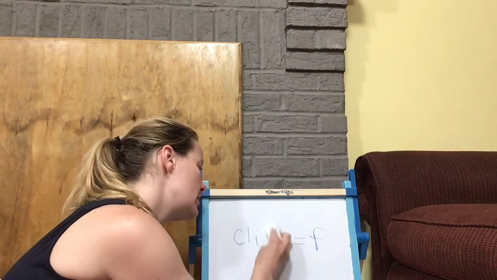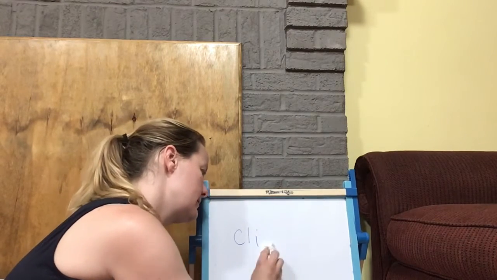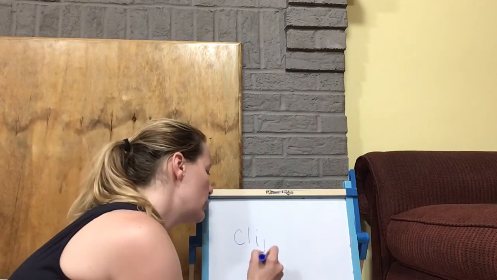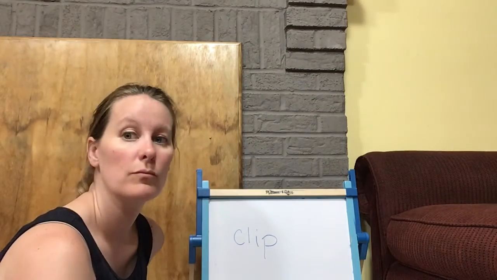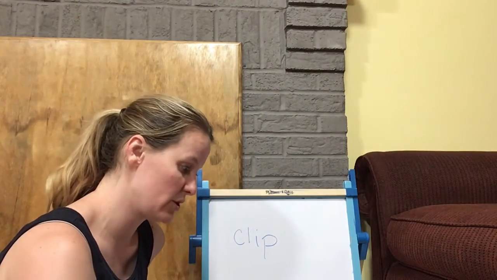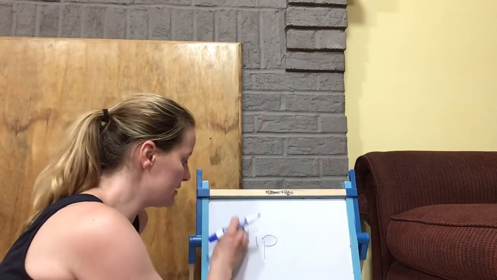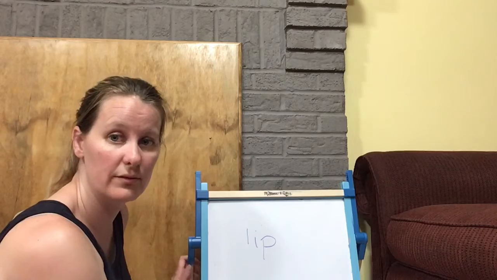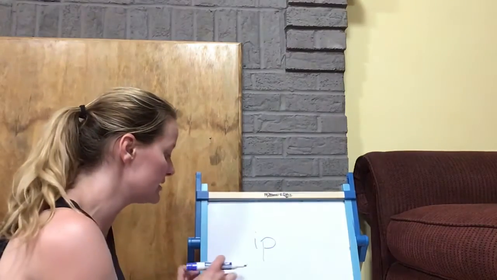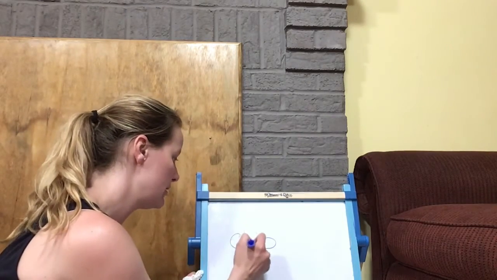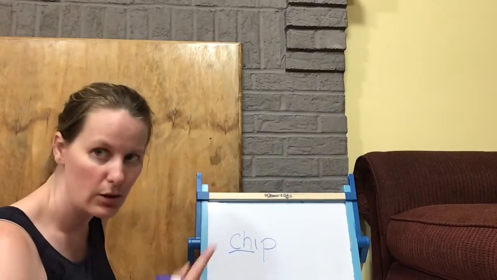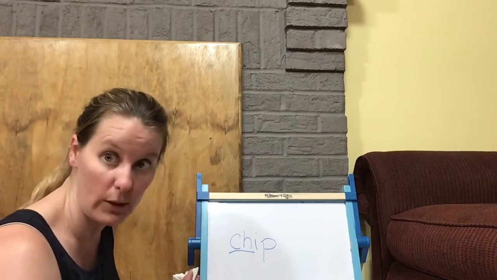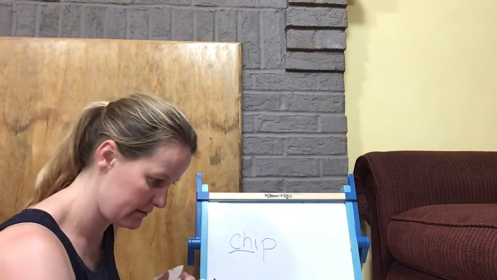So what if I change this to this? Now we're getting tricky. What if I take this off? Then what do I have? What if I change this to my digraph? You guys know that word. We've been reading that word for weeks and weeks and weeks.